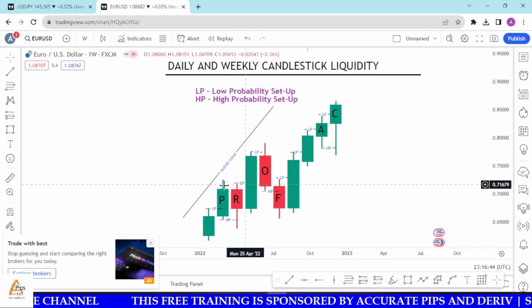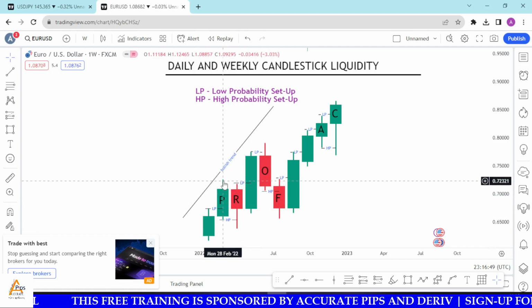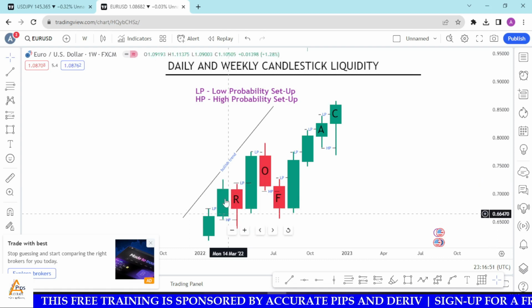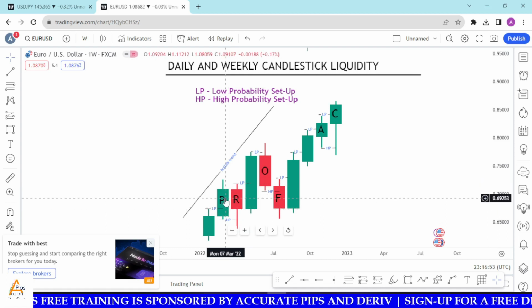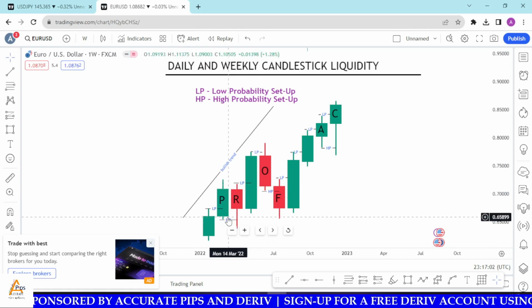But then you can take your first TP at the high of the previous candle whose low was taken out.